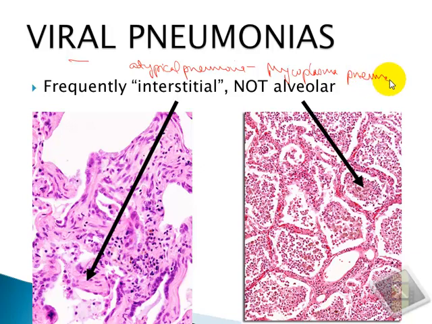We'll be discussing that too. All interstitial pneumonias are either viral or atypical, mainly affecting the interstitium, whereas bacterial pneumonias mainly affect the alveolar zones.